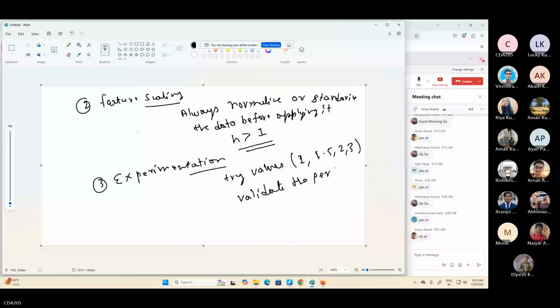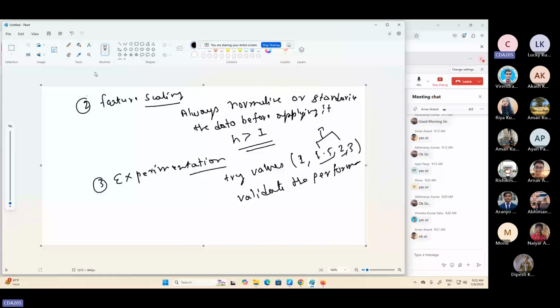You got the point? We can calculate for 1.5, then calculate for 2, and see at which distance the performance is better. So that is the experimental part. Okay, are you clear with this?